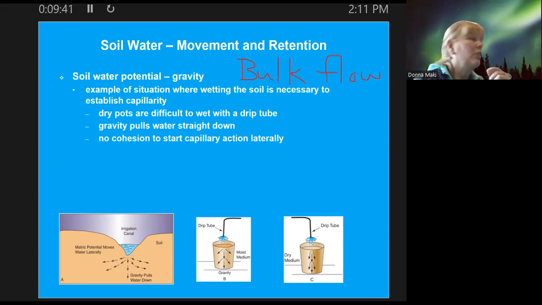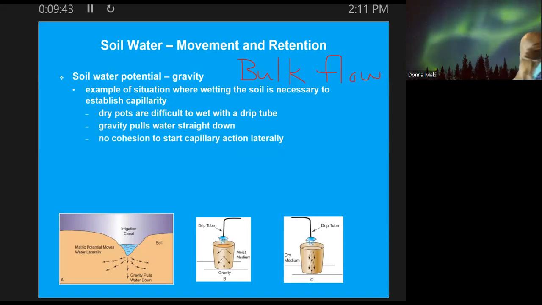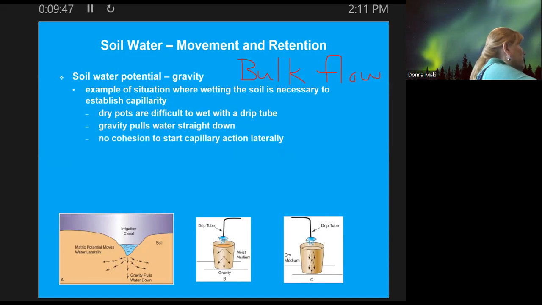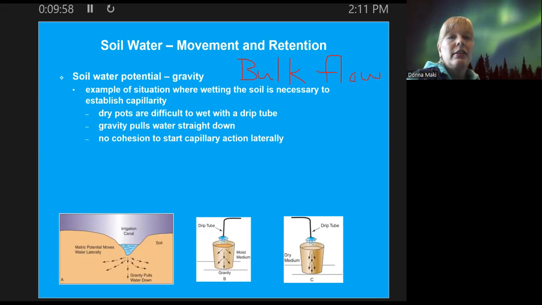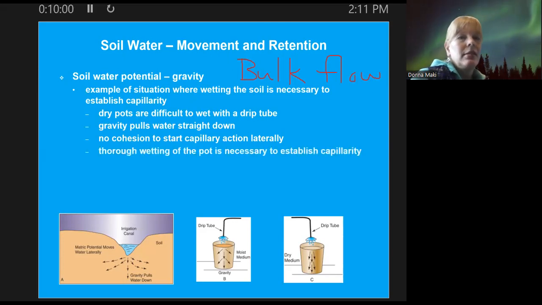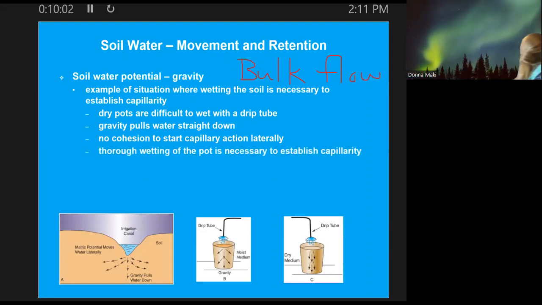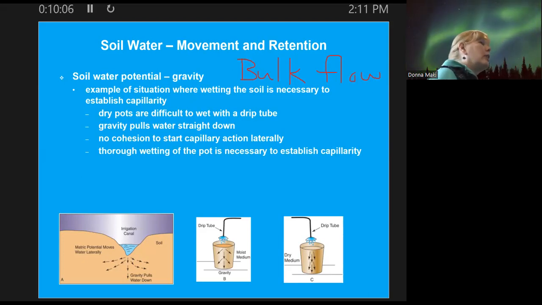You'd think that would be good, but depending on how the peat moss is distributed in the pot, you can get a situation where you just get local water and it won't flow out. So dry pots are difficult. You have to be careful. If that happens, you should get the whole pot of soil wetted and then go back to drip tube irrigation after that.